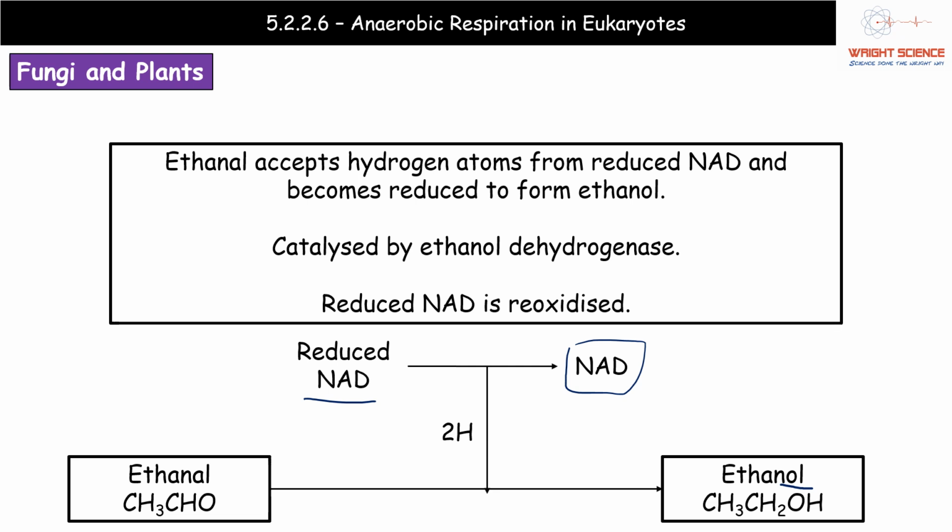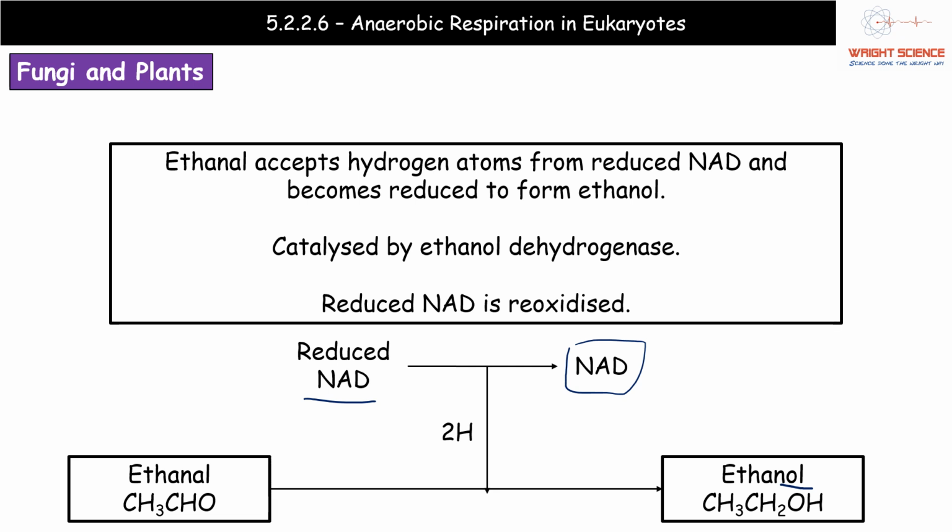And this again has its own enzyme, this time ethanol dehydrogenase, because we are carrying out a dehydrogenation, because what we're doing here is obviously changing our reduced NAD into NAD, so we're oxidizing, and that means we are removing hydrogens from it. So two different enzymes involved.